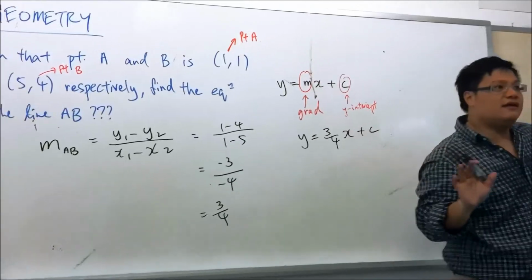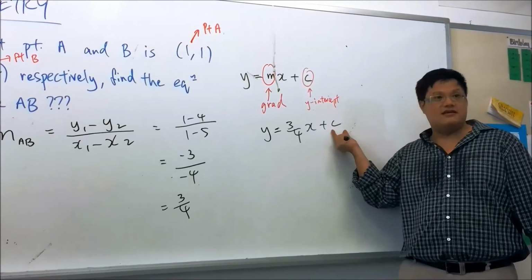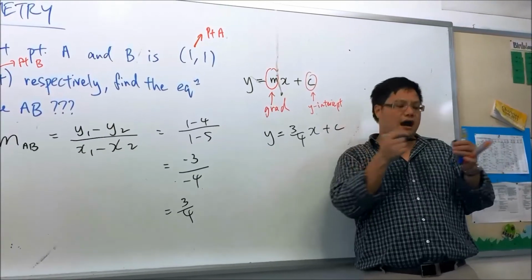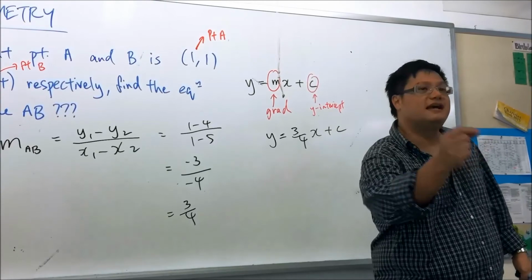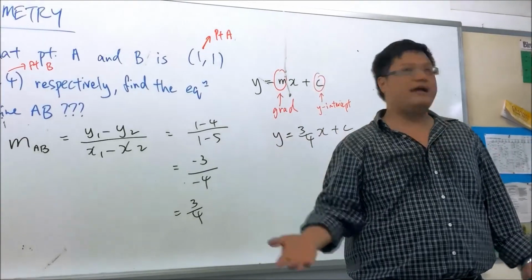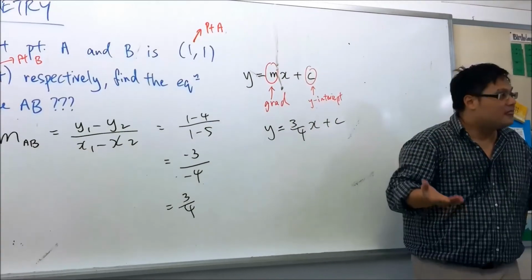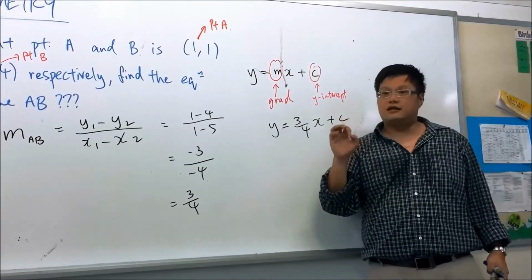Yay! So are we done? Are we done? No, we are not done. We still need to find one last thing, which is little c, right? So now can you tell me, how do I find the value of little c? Substitute the coordinates of either point A or point B, plug it inside the equation to find little c. Why? Because you were taught this in lower sec.